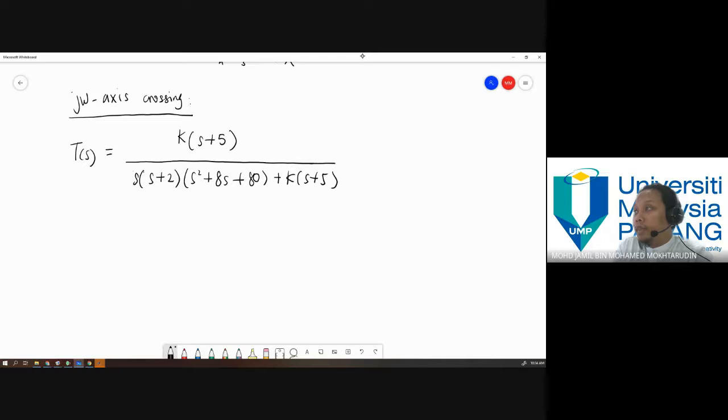Okay, so this is your closed loop transfer function. And then we take the denominator. So expand this and rearrange, okay? So let's expand this.